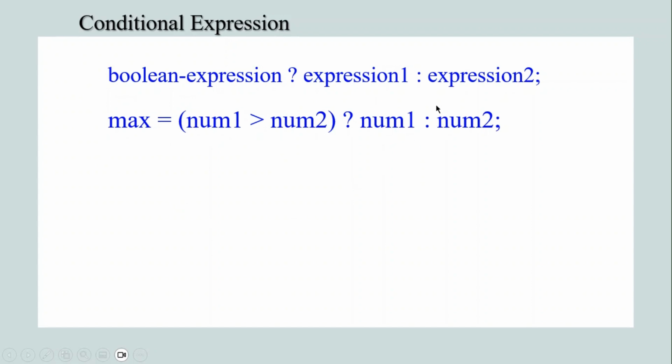If not, then assign number 2 to maximum. This is going to make it easier than using if statements or switch statements. We can just use the conditional expression, and it will be easier. Also, as you can see, it's only one line, so this is good.